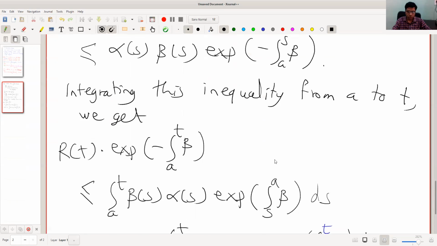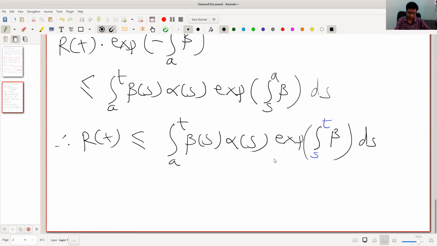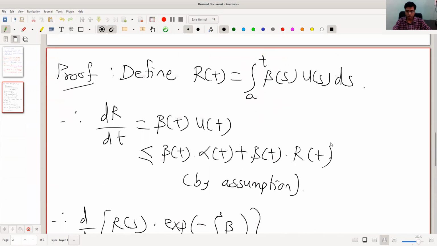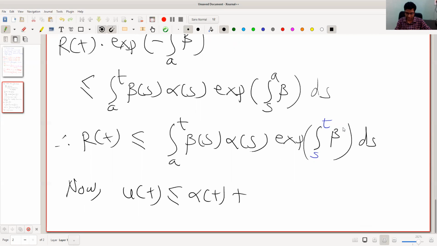Now u of t is given thing, but our assumption, u of t is less equal alpha of t plus this r of t. Okay, alpha of t plus integral from a to t beta of s u of x ds, that is r of t.